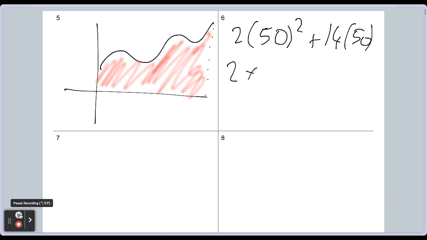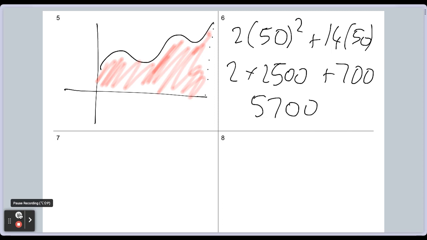That's equal to 2 times 2,500 plus 14 times 50, which is, it's got to be 700, does it? So I've stuffed up a little bit here somewhere. So it's 5,700. I probably should have used 49 instead of 50, sorry.